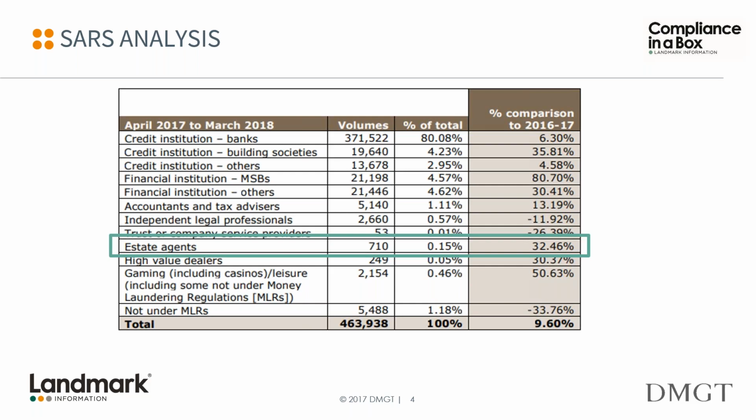And it's still even less than 1%, even if you include solicitors. So against the context of around 1.2 million transactions in the same period, you can see why HMRC are placing such a focus on property.